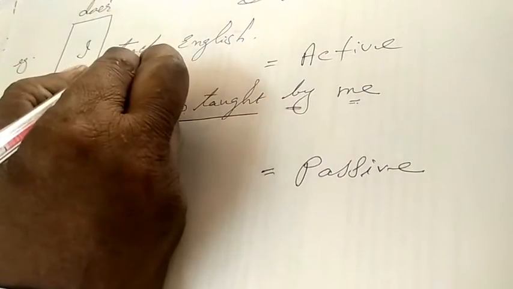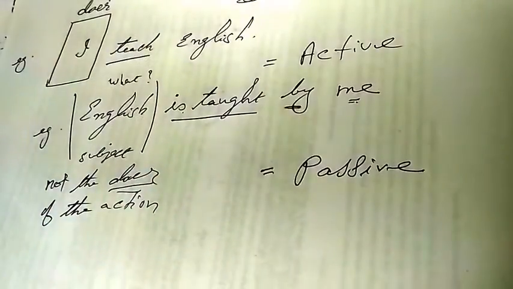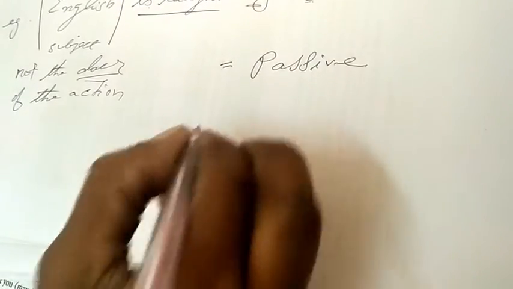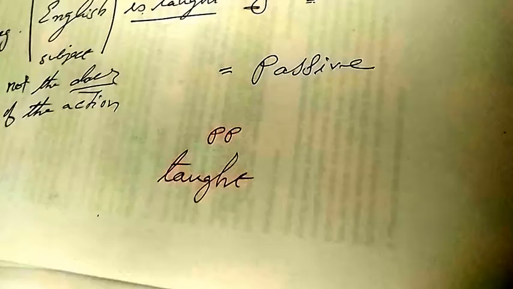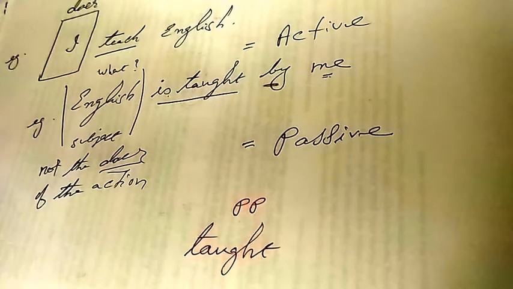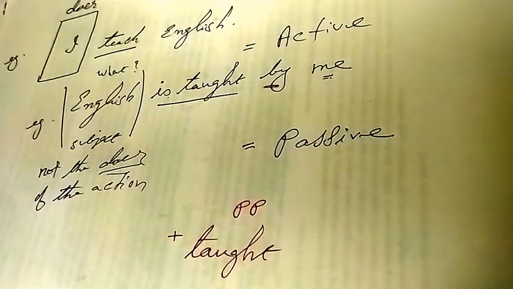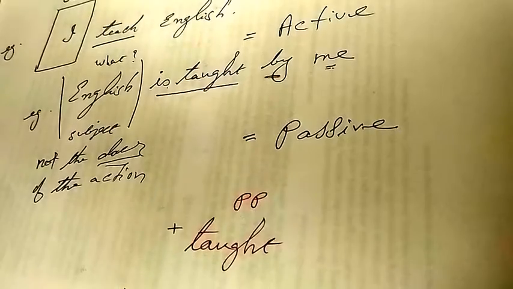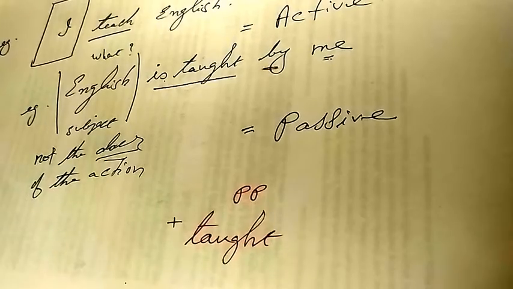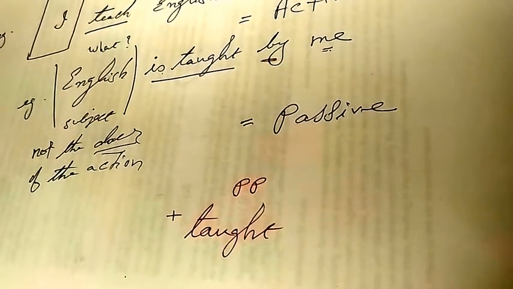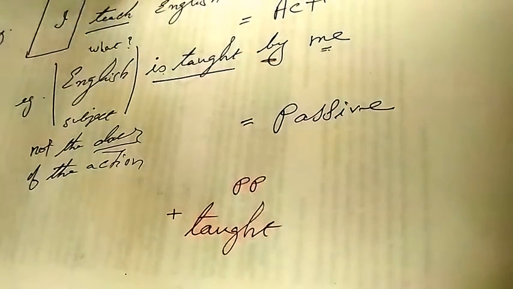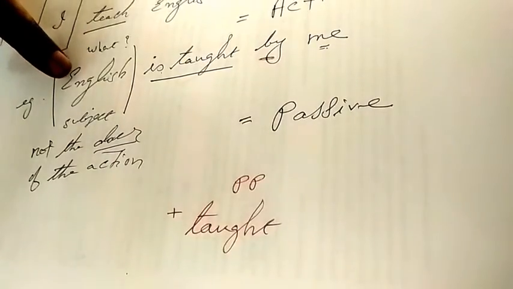We have the past participle or the third form of teach, that is taught. Taught is therefore the past participle of the verb. Past participle by itself does not make a complete verb. To this we take a B group verb. You know the B group verbs? Be, am, is, are, etc. In the given sentence, it is present tense, and what is taught is actually English.